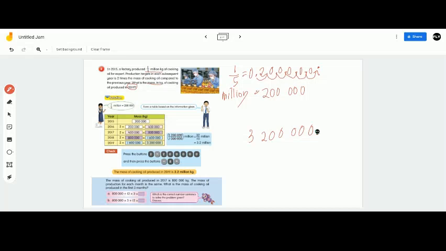So you have to move it 6 times to the left side. Do you know why it is six times? Because 1 million has 6 zeros. So you have to move it by 6 times. 1, 2, 3, 4, 5, 6, and stop. So your answer would be 3.2 million.